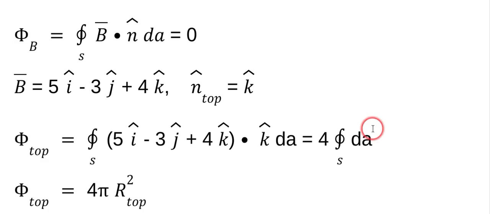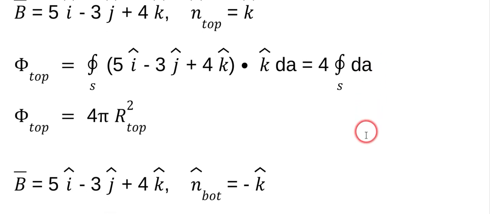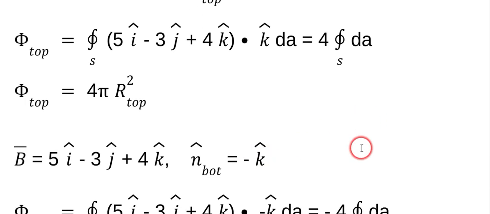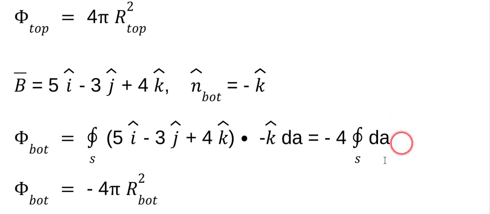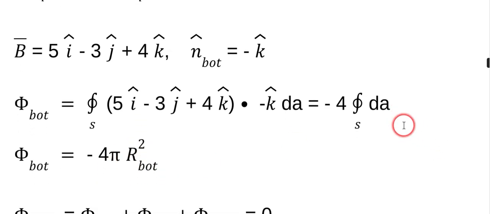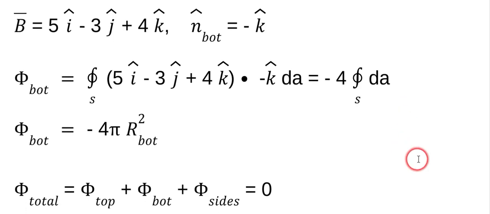Then the bottom is going to be the exact same thing, except this time the unit normal is sticking in the other direction, so it's negative k. You do the exact same process, and you get negative 4 pi r squared of the bottom. And then here's the secret to solving the whole thing. I don't have to worry about the sides and that weird function that they have on those slopes, because the total flux is the magnetic flux going through the top and the bottom and the sides, and that all has to add up to 0, because that's the way Gauss's law works.